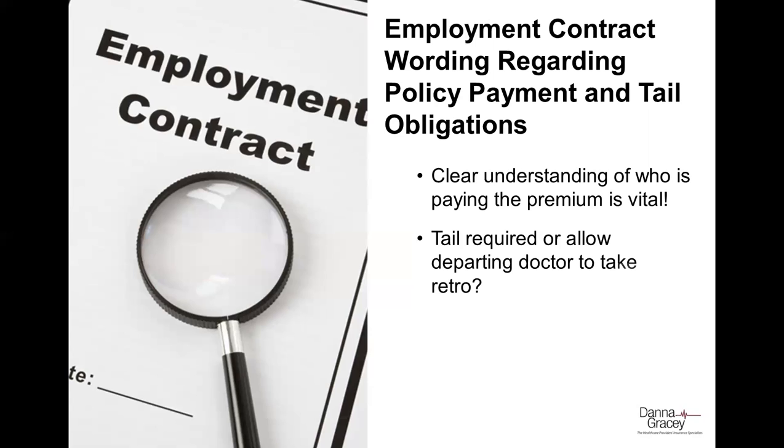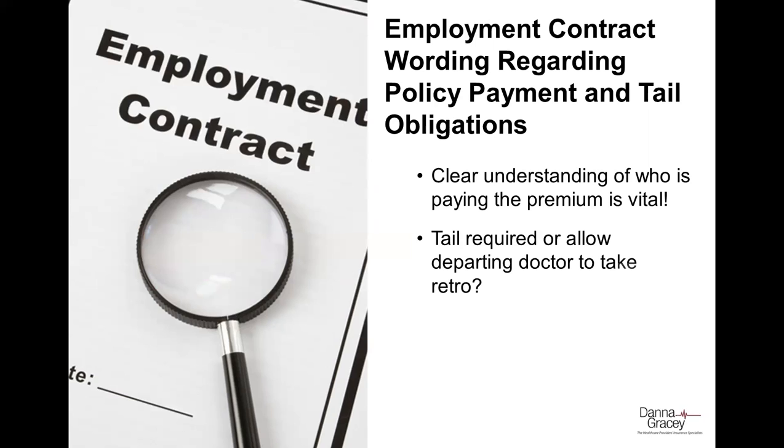Let's say a doctor moves out of state, and you don't have in your employment contract that they have to purchase a tail. Well, next thing you know, 2 years hence or something, the corporation gets sued and the doctor gets sued. Well, the doctor could have purchased a policy or not. They could be bare at this point.